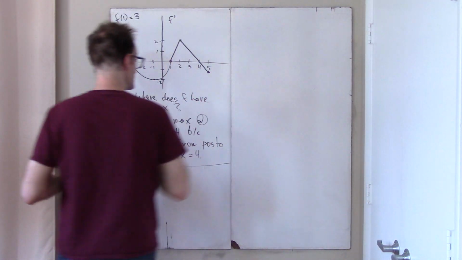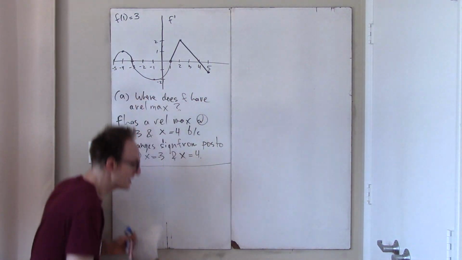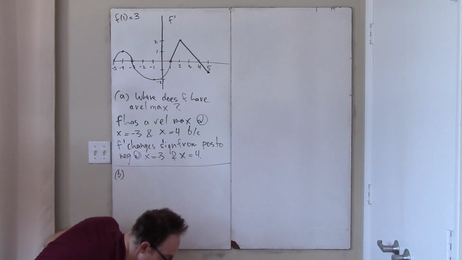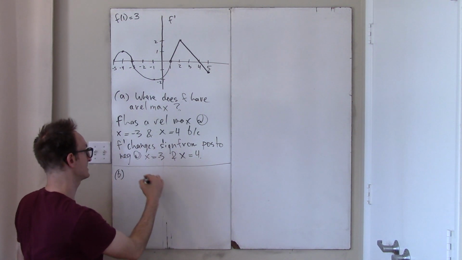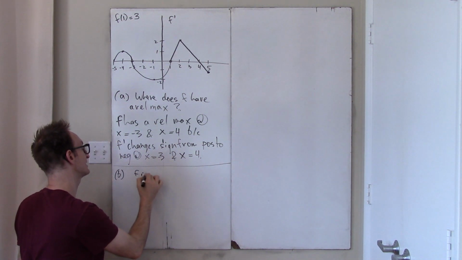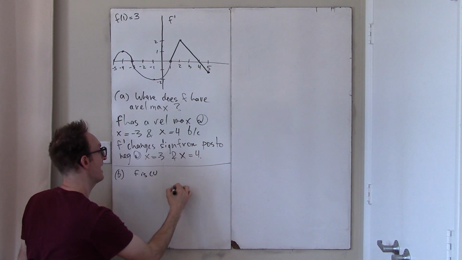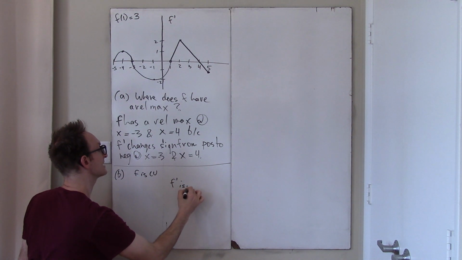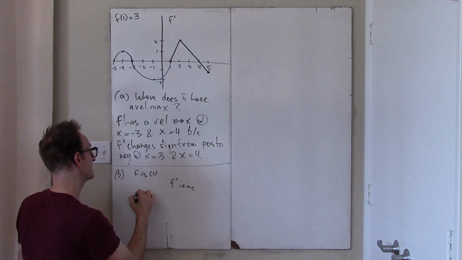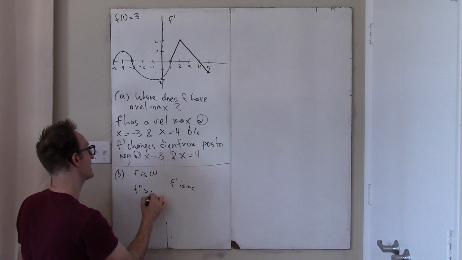And so there are these three interrelated concepts which are all totally equivalent to each other. One is that f is concave up. One is that f prime is increasing, and the other one is that f double prime is positive.